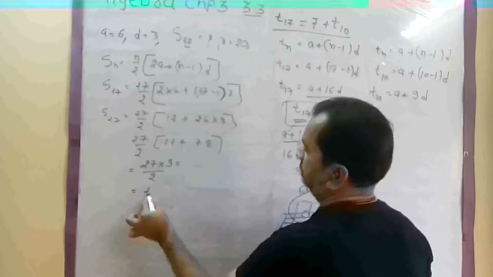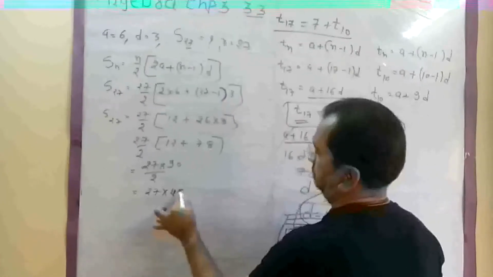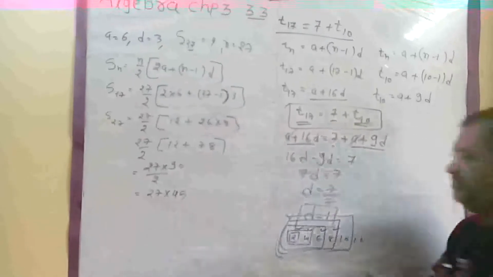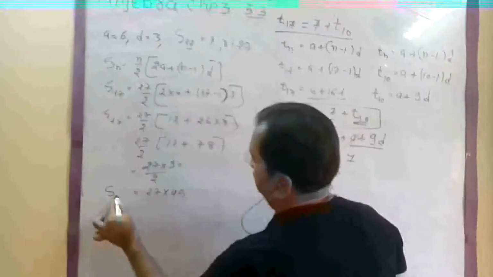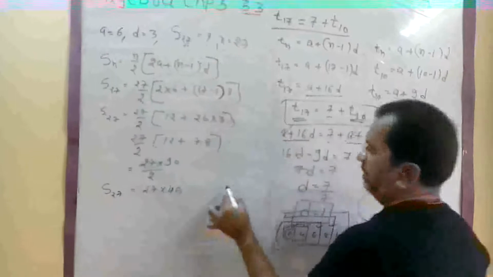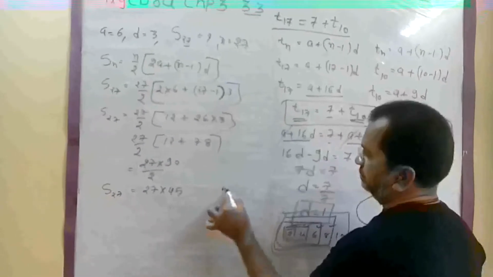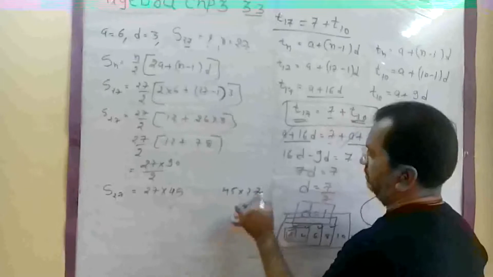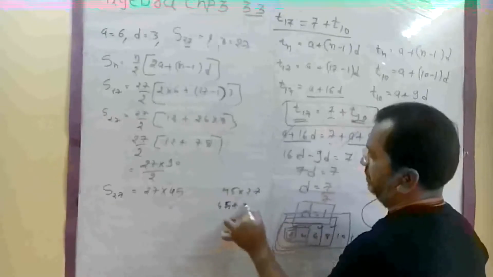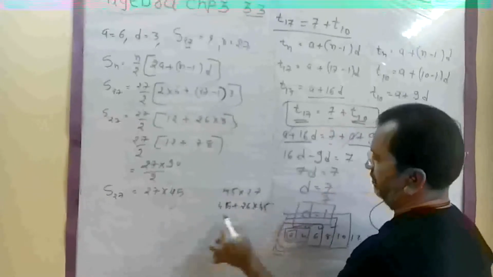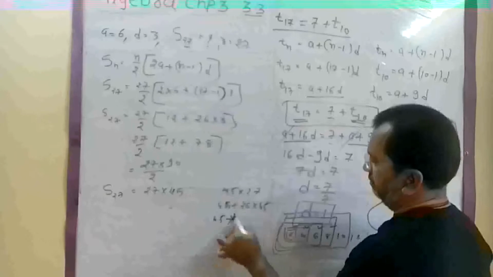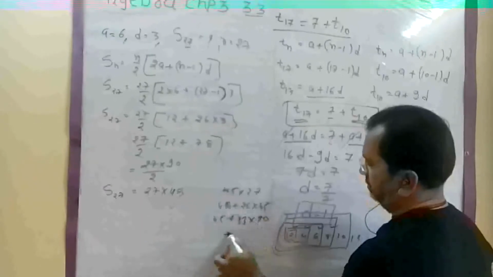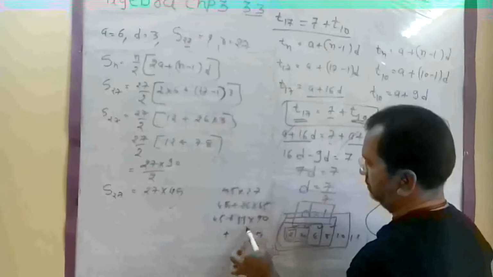This will cancel, so we have to find S27. Now 45 into 27, so 45 plus 26 into 45, so 45 plus 13 into 90 plus.